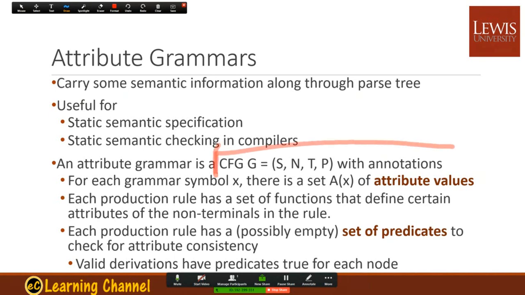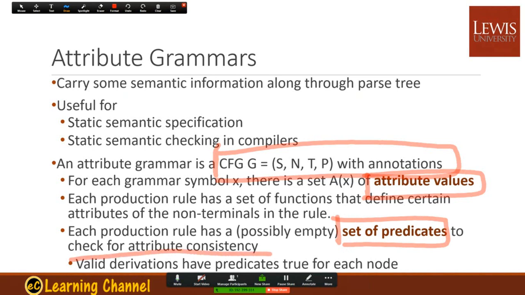It's a context-free grammar with annotation, and those annotations are attribute values and a set of predicates for checking the attribute consistency. So a context-free grammar with the 5 types of information that we described, that is an attribute grammar.